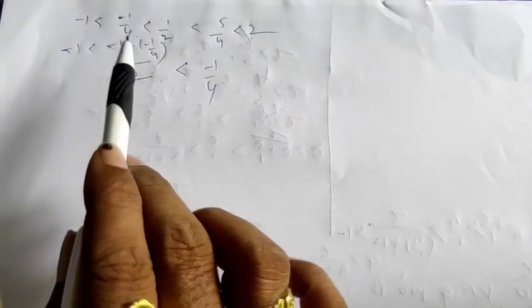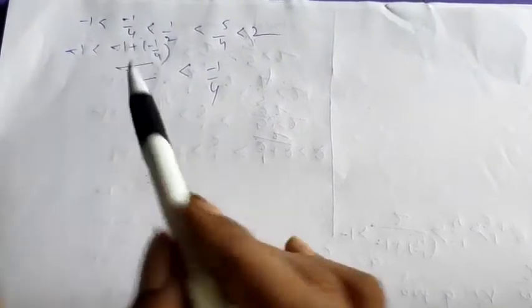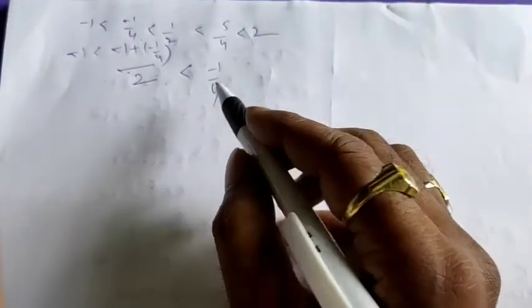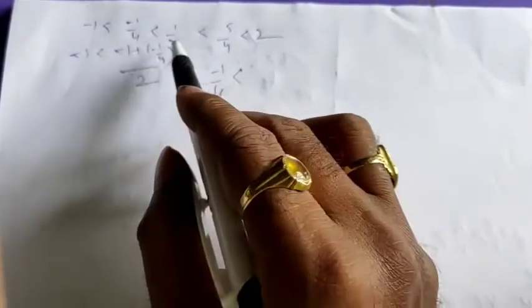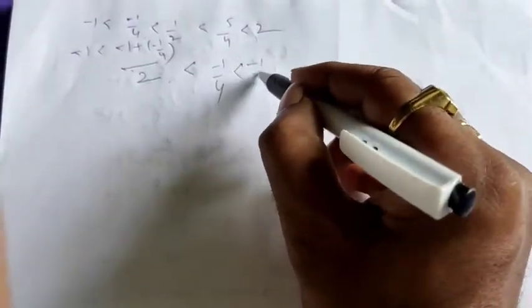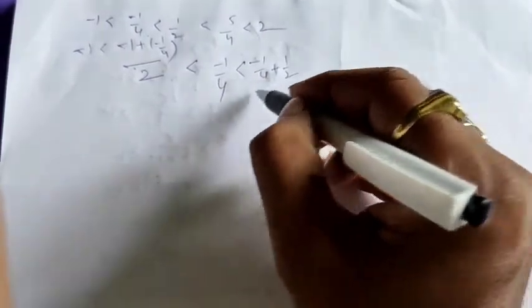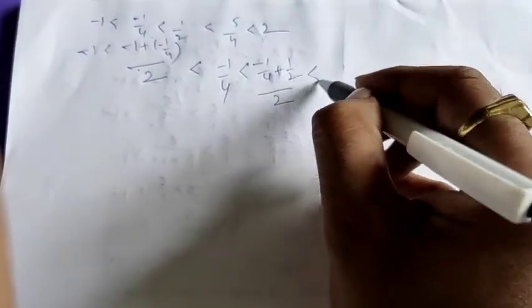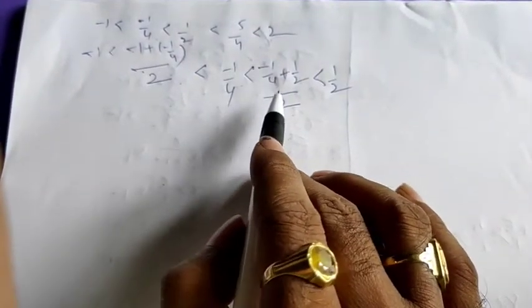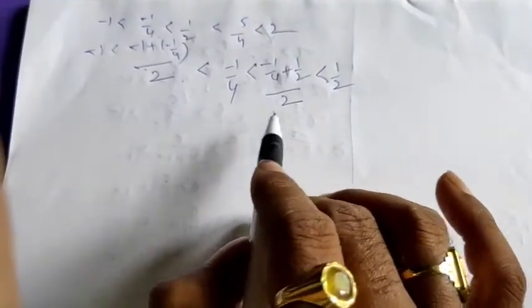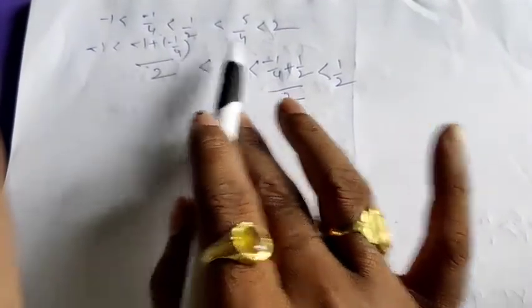So minus 1 by 4. Now a rational number between minus 1 by 4 and 1 by 2. So minus 1 by 4 is less than the average of these two, minus 1 by 4 plus 1 by 2 whole by 2, less than 1 by 2. We have to write this because minus 1 by 4 plus 1 by 2 whole by 2 lies between minus 1 by 4 and 1 by 2, no? So 1 by 2 we have to write.